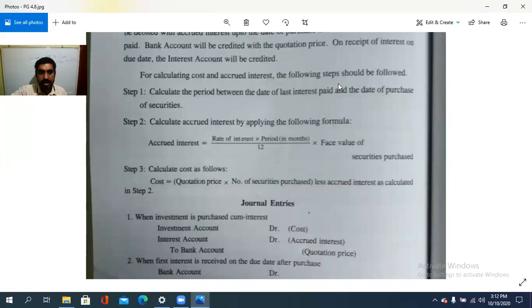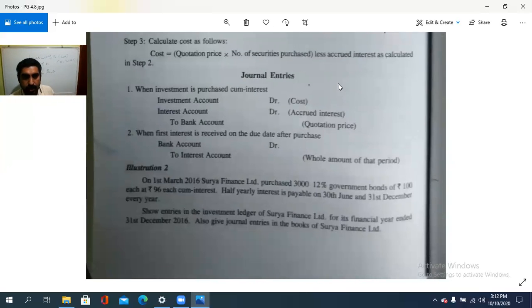So we calculate the quotation price into the number of securities purchased, and from that we deduct the accrued interest. That is the third step. And the entry when investment is purchased cum-interest: investment account with the cost price, interest account with the accrued interest, and to the bank with the quotation price.